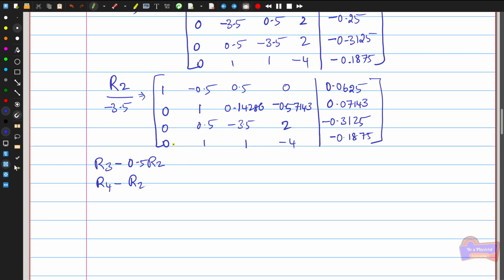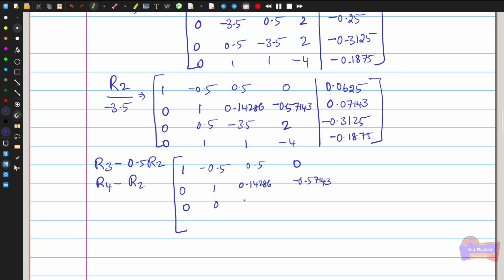If I do these two transformations simultaneously to this matrix, I get 1, minus 0.5, 0.5, 0; 0, 1, 0.14286, minus 0.57143; and here 0, 0, minus 3.42857, 2.28572; and similarly the final row 0, 0, 1.14286, minus 3.42857.